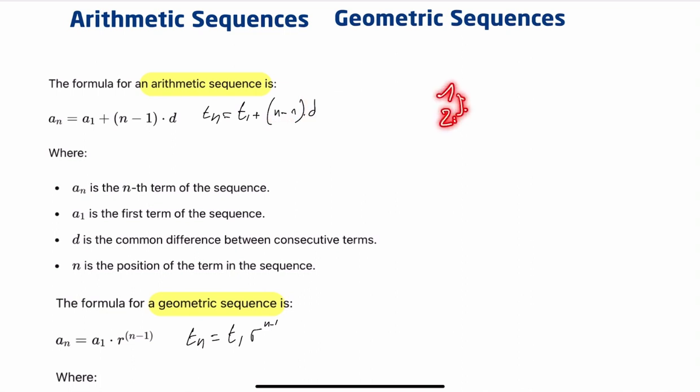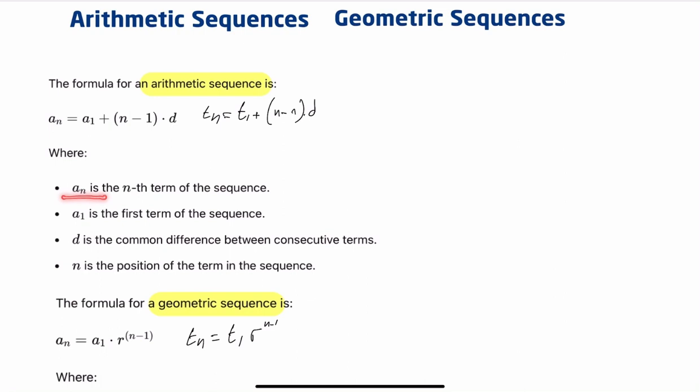So 2 minus 1, which will give me 1. 3 minus 2, which will give me 1, and so on. So the D is the difference between two consecutive terms of the sequence. Good. So the general form is A_n is equal to A_1 plus (n minus 1) times D.